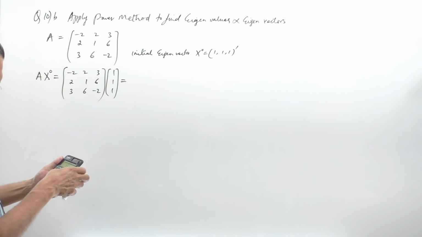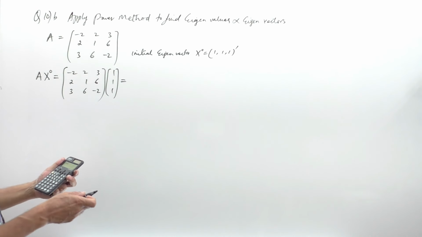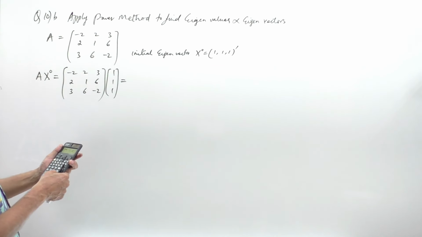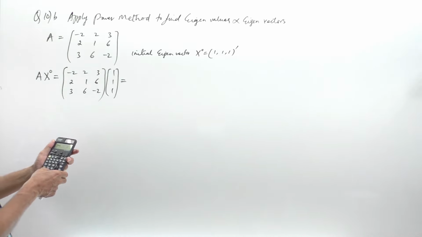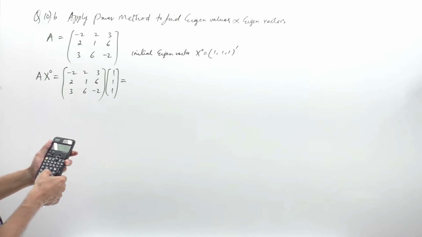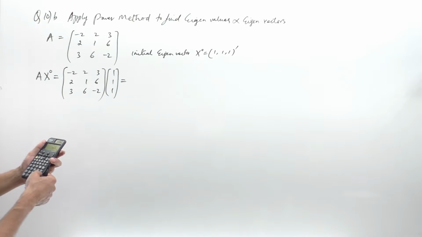Go to tools, then matrix A, rows is 3 and the columns are also 3. Confirm. Then enter the matrix: minus 2, execute, 2, execute, 3, execute, 2, execute, 1, execute, 6, execute, 3, execute, 6, execute, minus 2. Verified: minus 2, 2, 3, 2, 1, 6, 3, 6, minus 2.